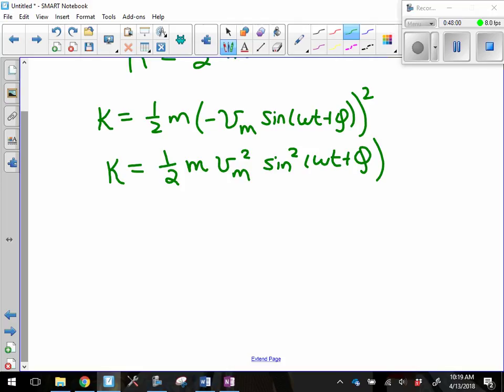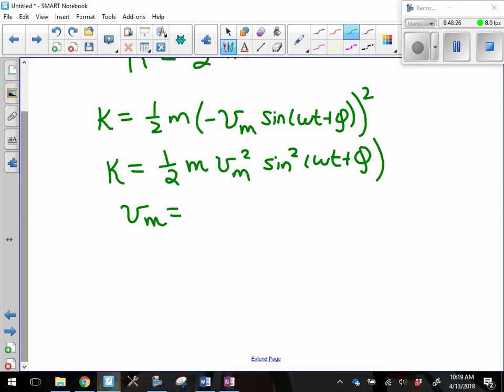But now we're going to do something crazy. Well, what's v_m equal to? Go back to your notes from the first or second day from this section. What is it?